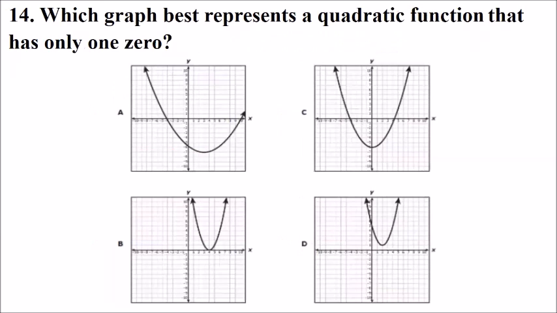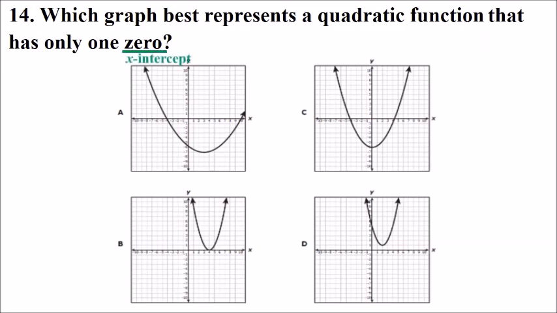All right, last question. Last question says, which graph best represents a quadratic function that has only one zero? What is our key word? What is our vocabulary word in that problem? Something we've been labeling this whole time. Absolutely, zero. What does zero mean?